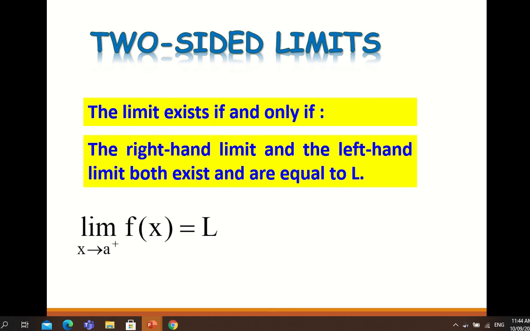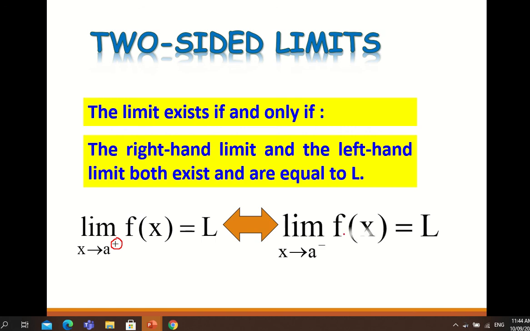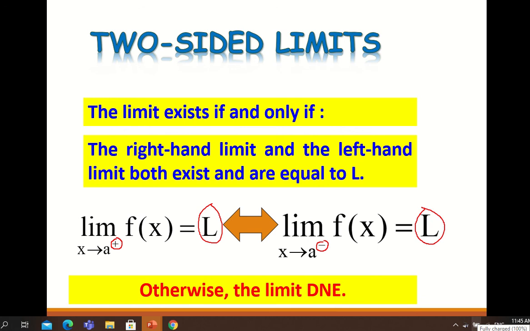So the limit of f of x equal to L as x approaches a from the right must be equal to the limit of the function as x approaches a from the left, which is also equal to L. If both limits are equal, then the limit of the function exists. Otherwise, the limit does not exist.